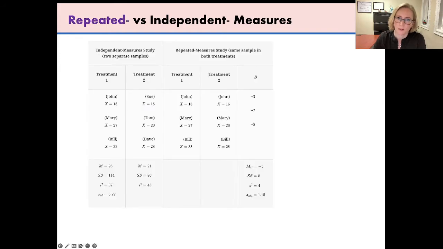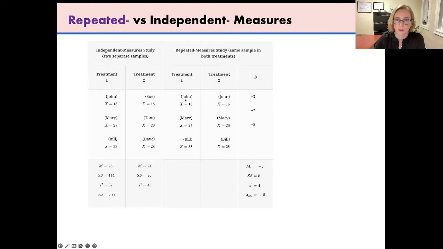So the advantage of repeated measures really comes from the idea that you're dealing with much less variance, right? This is showing an independent measures study. We have 2 treatments, and we have 3 people who did one treatment and 3 people who did another treatment. The numbers are actually going to be identical if we treat it as a repeated measures study.